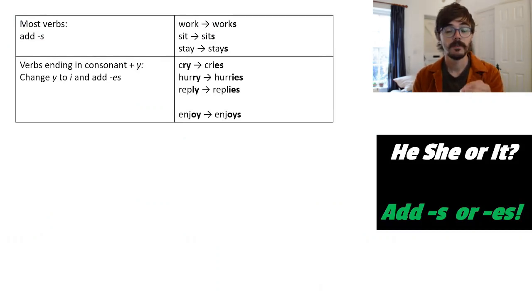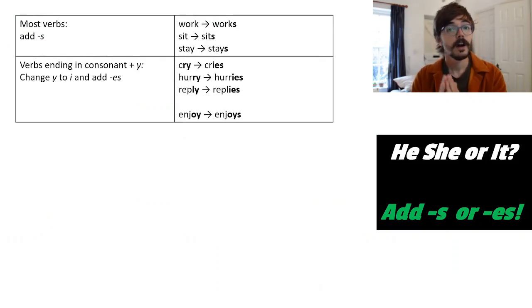So if a verb ends with a consonant and a y, like cry, C-R-Y, R is a consonant and then Y, then we take away the Y, put I and add es. He cries, she cries. He hurries, she hurries. He replies, it replies, she replies.